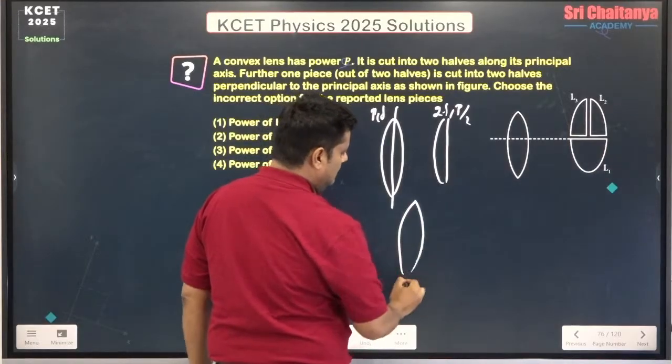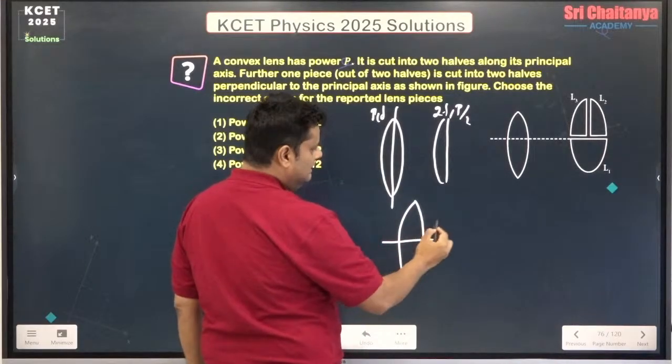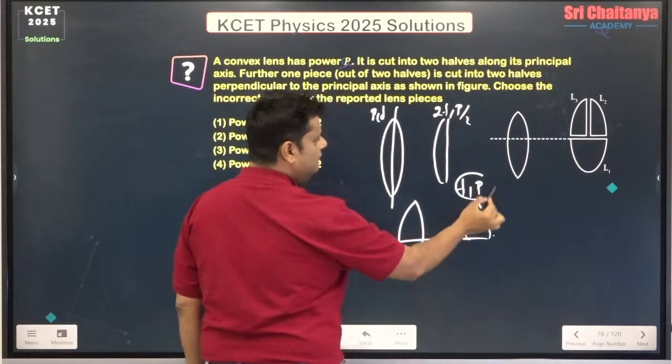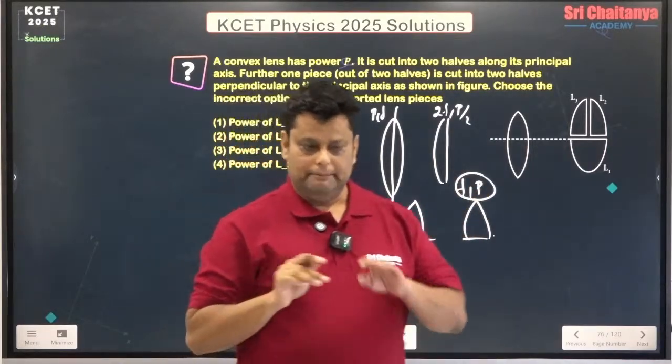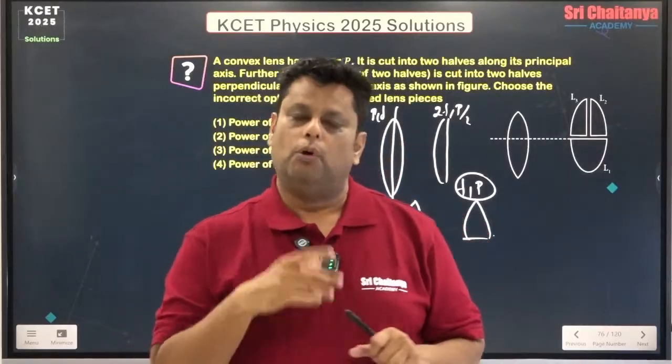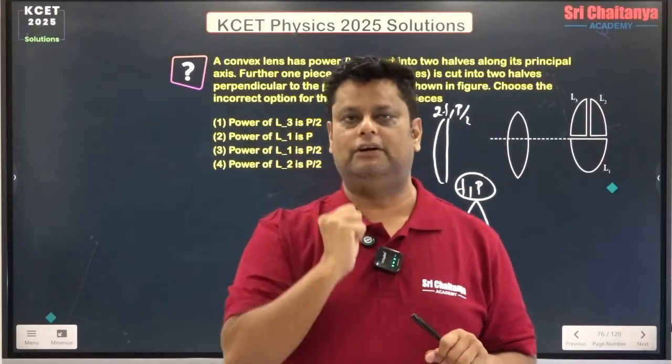But if you cut the lens in this fashion, the focal length and the power will remain the same. There will be no change, because when we cut the lens in transverse section, there is no change. Only the change is in the intensity of the light.